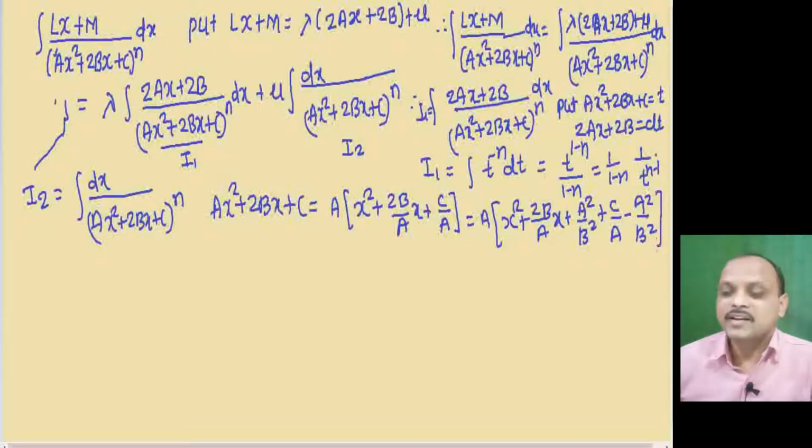We have added and subtracted b square divided by a square. Look at the first three terms.